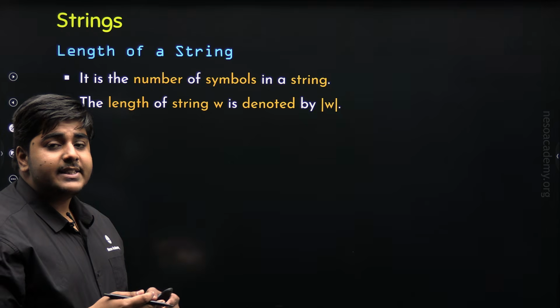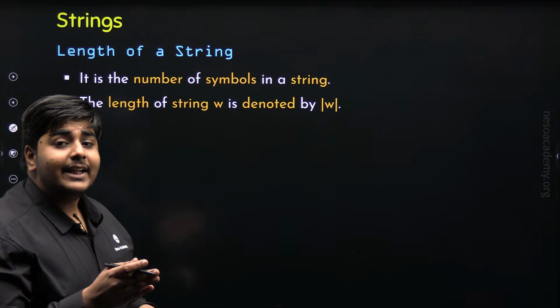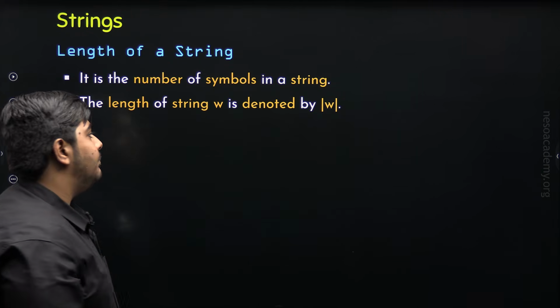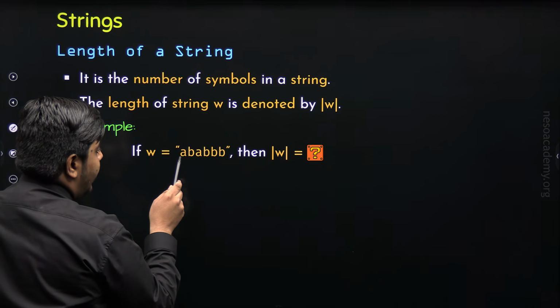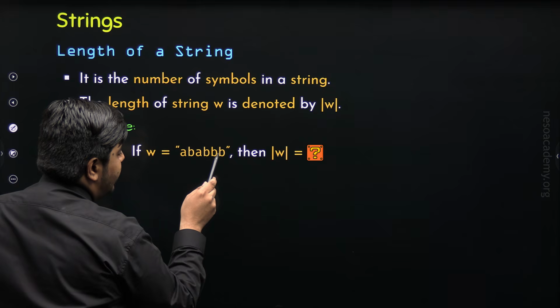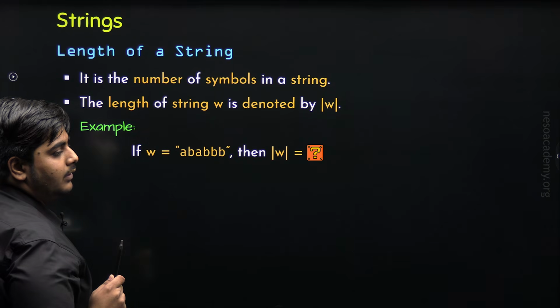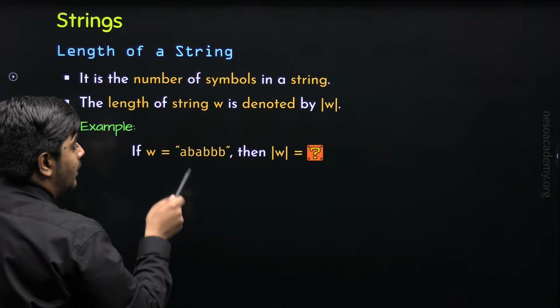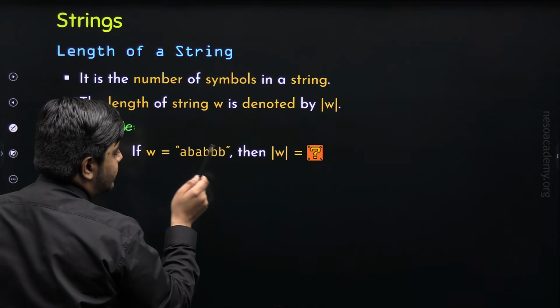If we are representing our string using the letter w, its length will be denoted by |w|. For example, we have a string w equal to ababbb. We need to calculate the length of this string. Now, we need to count the number of symbols in this string: 1, 2, 3, 4, 5, 6.